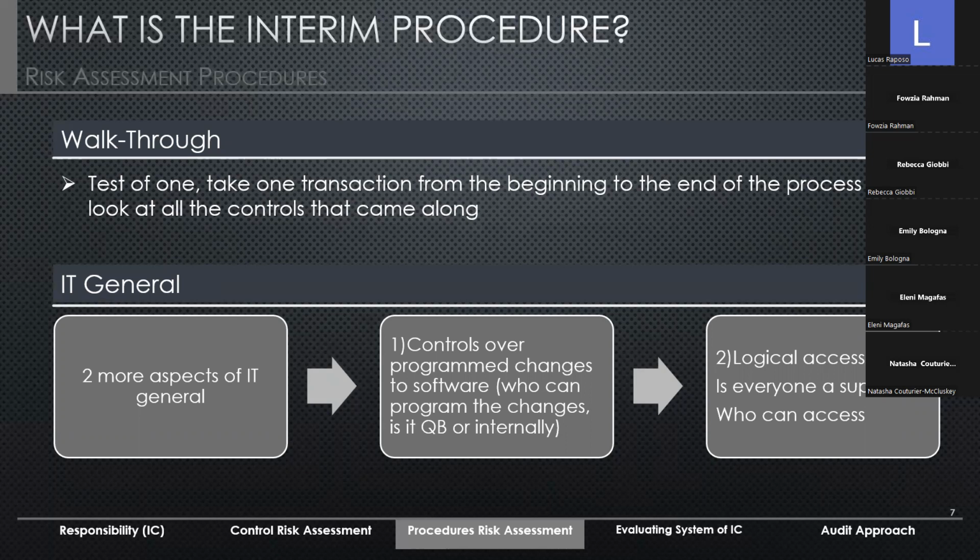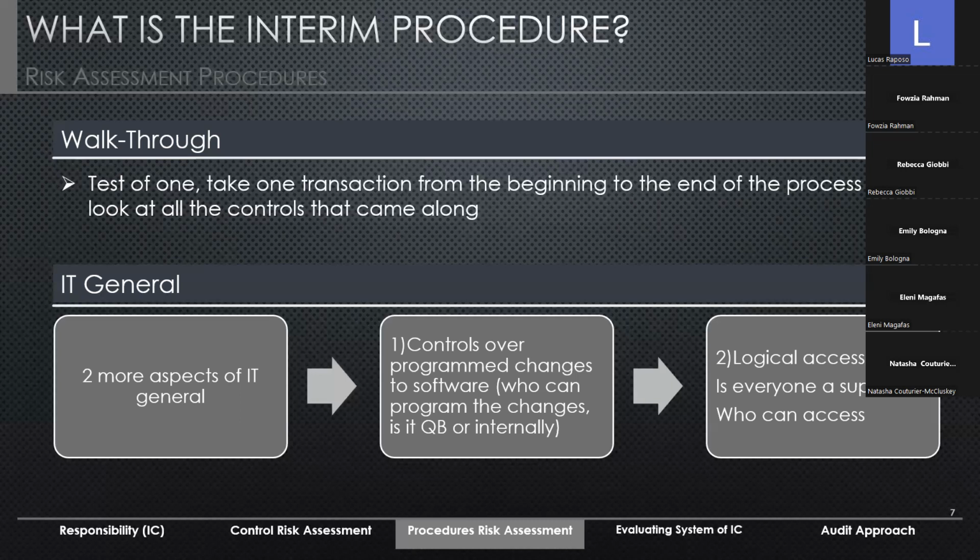Then there's the IT general controls. When we talk about IT general controls, there are really two things that you have to remember. Who has control over the program changes to the software, and who built the software. Is it a software package, or is it something maybe an engineer in-house built? So two things: who can control it and who built the software.